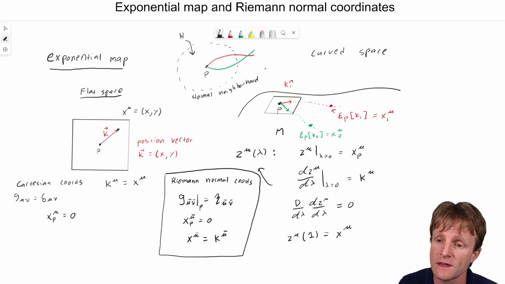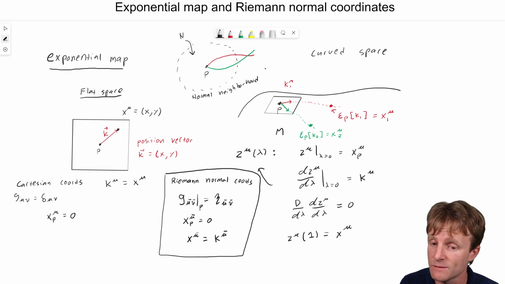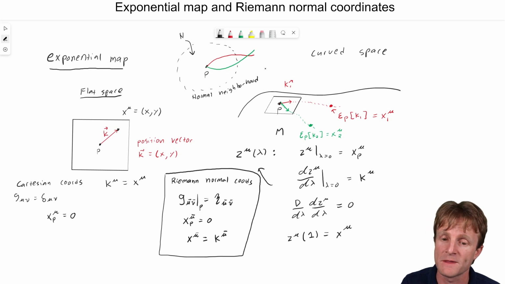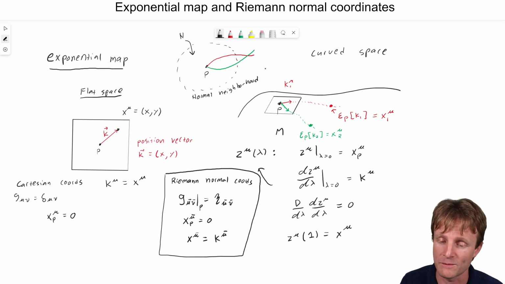And then we ask, if we invert the exponential map to get the vector k1 mu and express it in those coordinates where g mu bar nu bar is eta mu bar nu bar, we get 4 numbers, k mu bar 1, and those 4 numbers are the Riemann normal coordinates of our point here off in the manifold by the bottom equation x mu bar equals k mu.